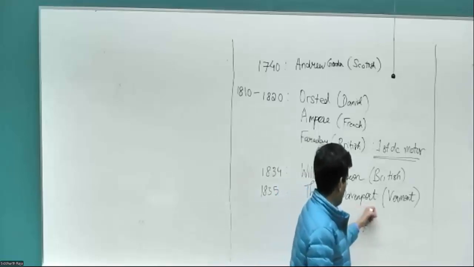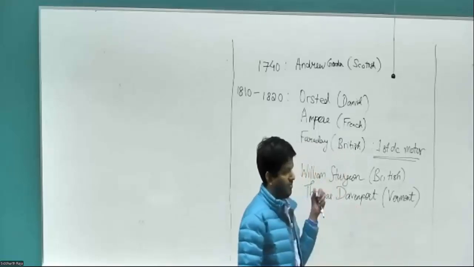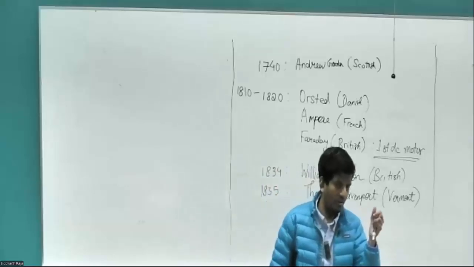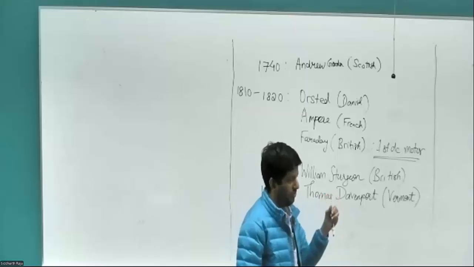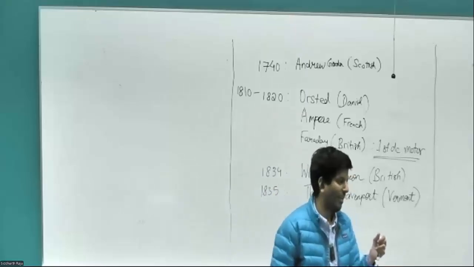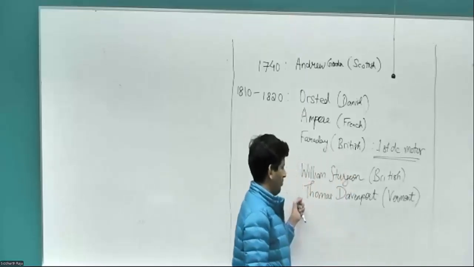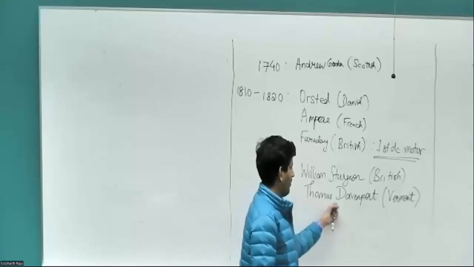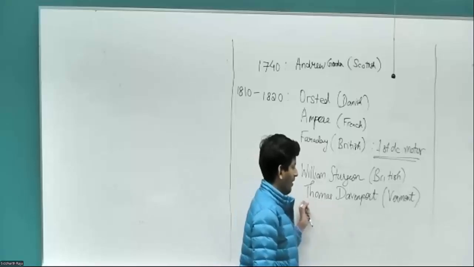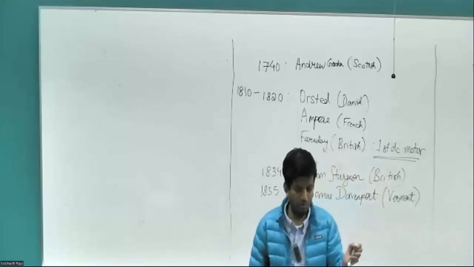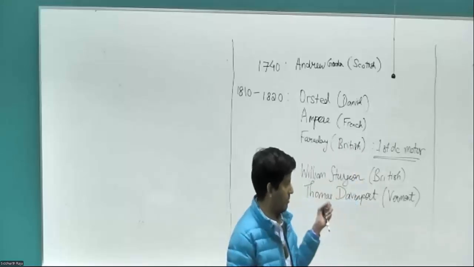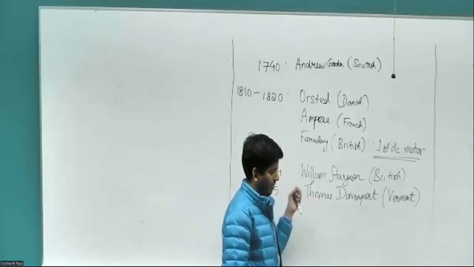So this motor suffered from a very big problem. Every time the coil commuted, or basically every half rotation, there used to be a huge arc because the current path used to be broken. And that didn't make it very useful because it wasn't an efficient system. It got used in a couple of printing presses locally, but otherwise it didn't go too far, particularly because the commutator wasn't the commutator that we know of.